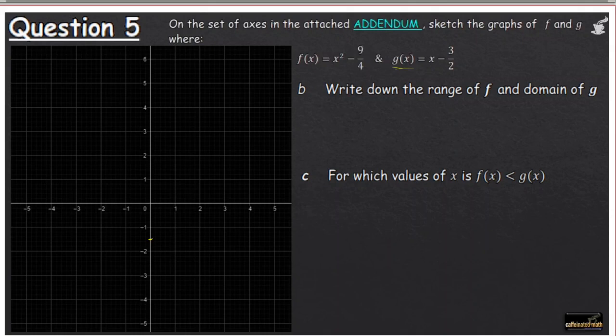And if we calculate the x coordinate, or the x-intercept, then we just need to put this equal to 0, which means that it's going to become x equal to 3/2, which is going to have a similar fate. It's going to be over there, and then I can use a straight line.